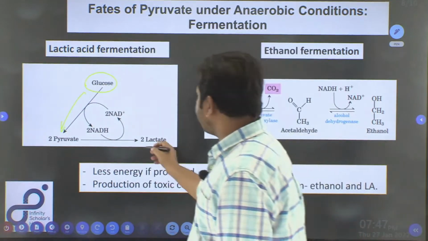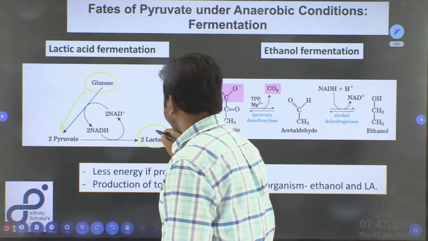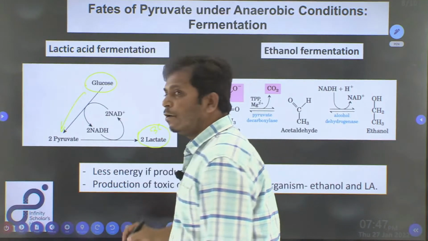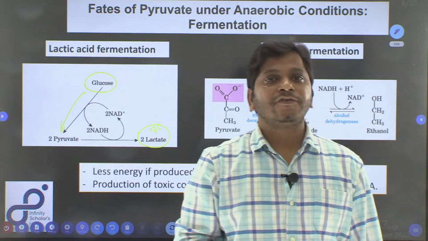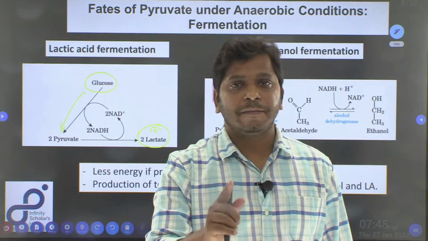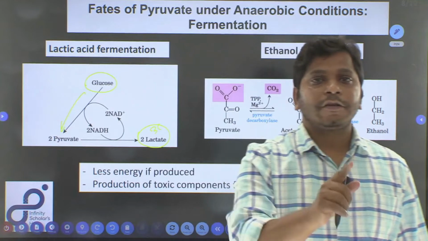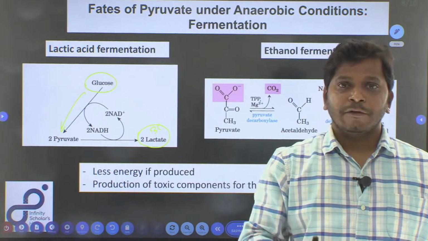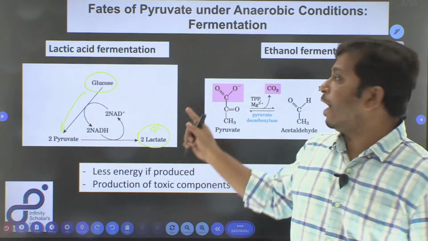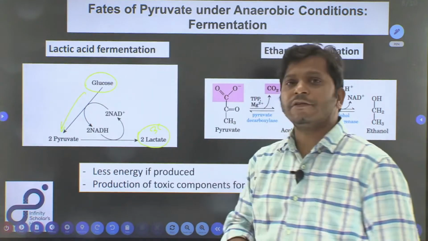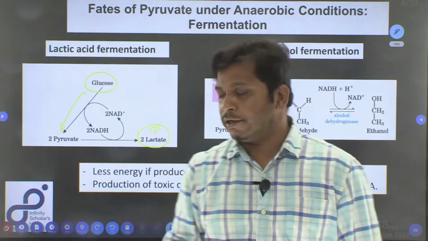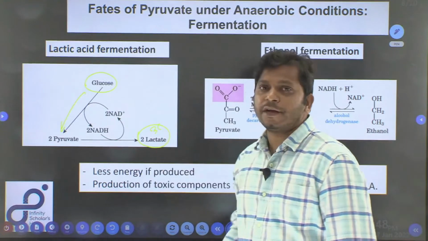Pyruvate then produces two molecules of lactate, a three-carbon compound. No carbon dioxide is released in this process. Please remember this, because in all other forms of respiration, whether aerobic or anaerobic, carbon dioxide is released.